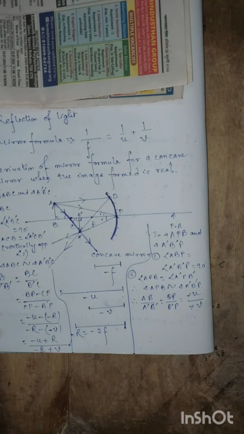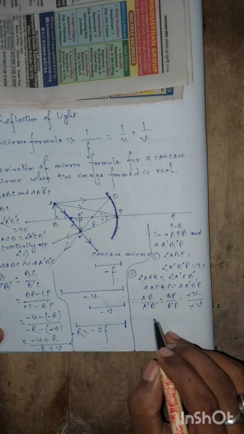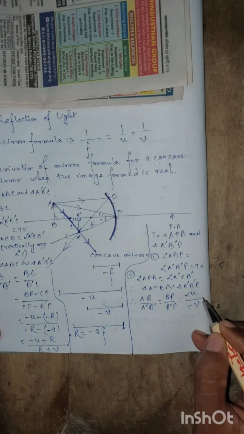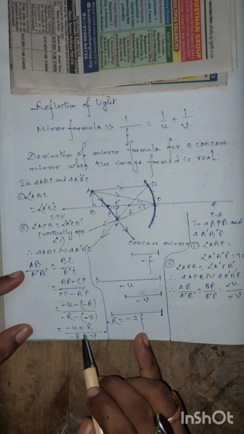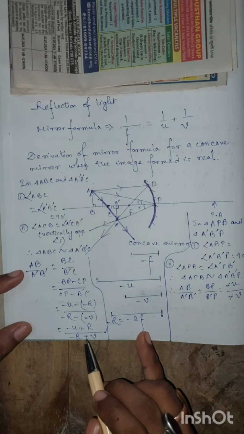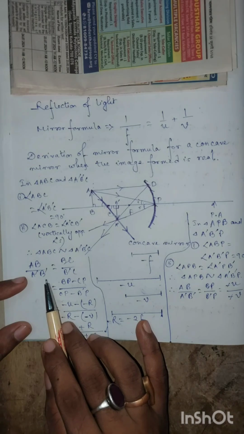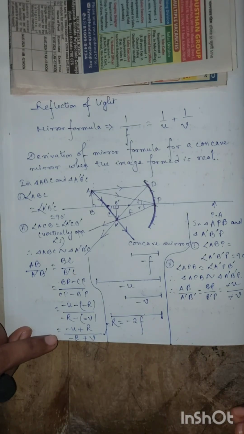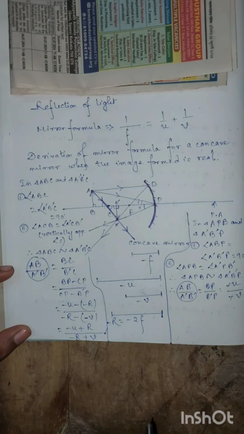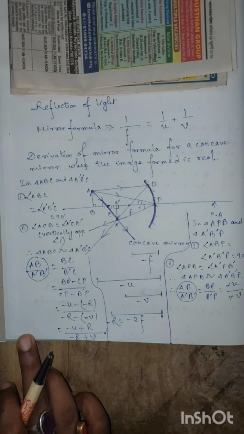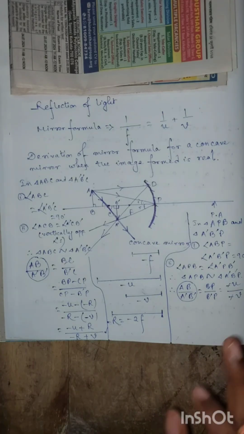Now we can see that this is the value of AB by A dash B dash, and again we can say AB by A dash B dash is equal to this. So these two values, this and this, we can equate. So let us equate them.